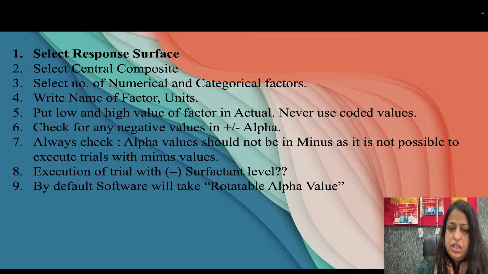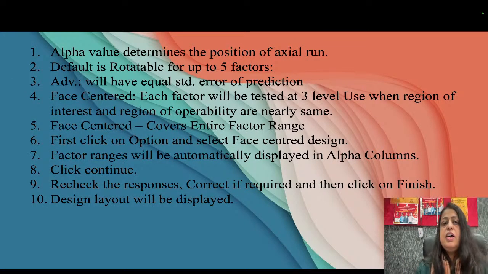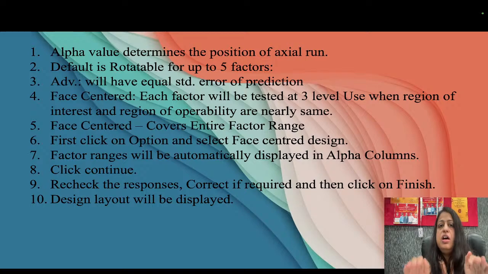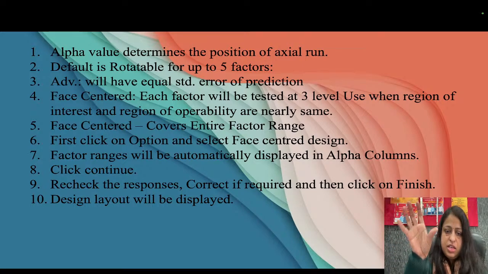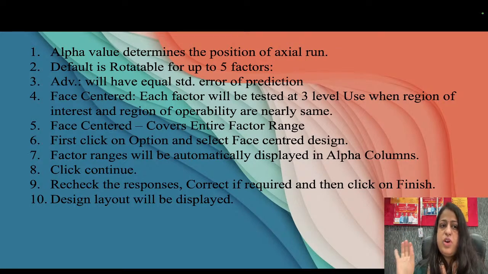Okay, then next step is this alpha value, it determines the position of axial run, right. Then in rotatable up to 5 factors we can select. Standard error of prediction, it means when we select these 5 factors, then this standard error is similar for all these 5.